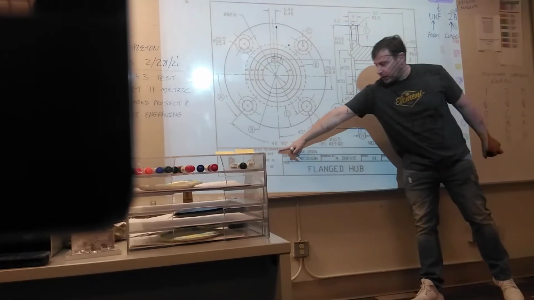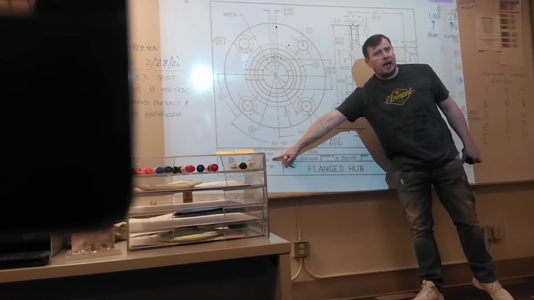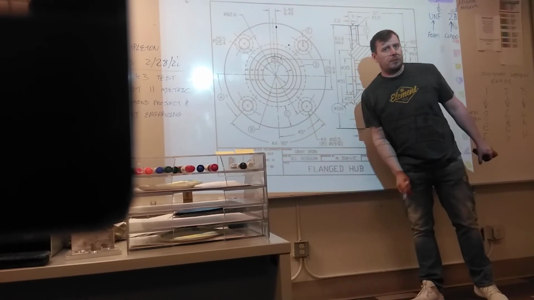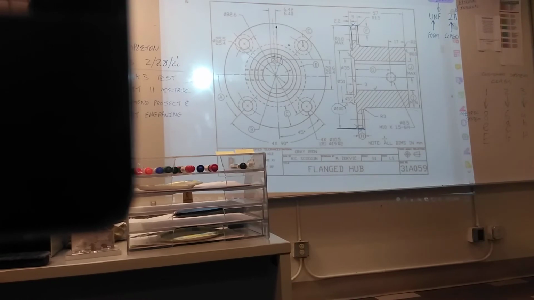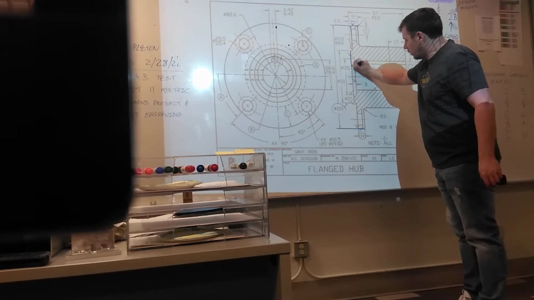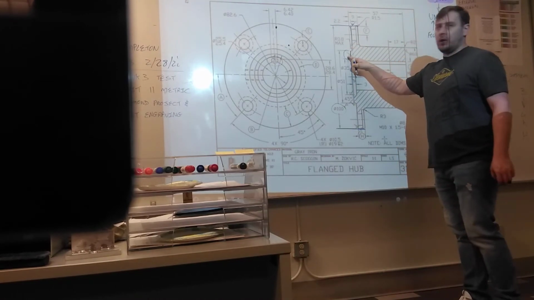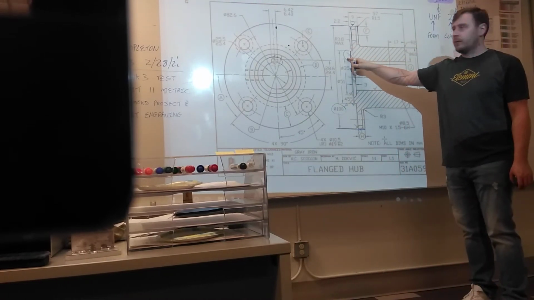So down here we have finished dimensions and unfinished dimensions. Because we have no finish symbol, we have to use the unfinished tolerances. See on this face, we've got a finish symbol. That means you need to machine it.